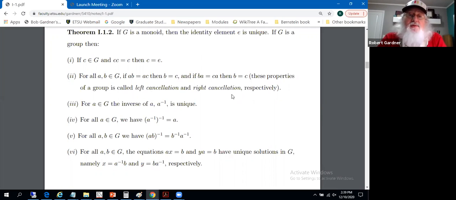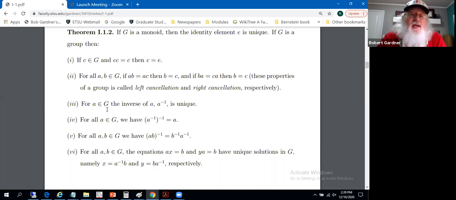How do you prove this? Well, on this one, multiply both sides on the left by A inverse. Simplify, and it'll produce this. For this one, multiply both sides on the right by A inverse. It simplifies to produce this. So as I said, proofs are straightforward.